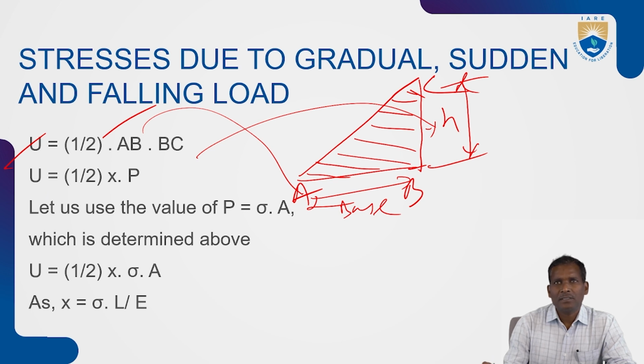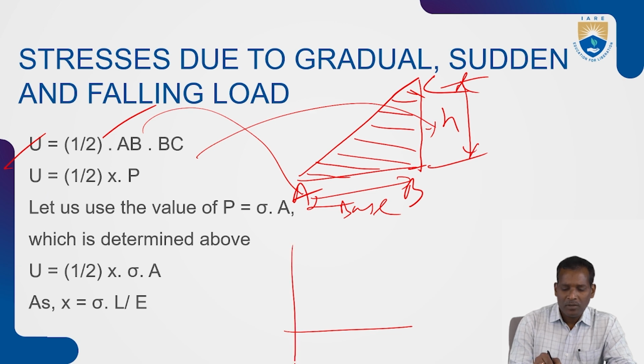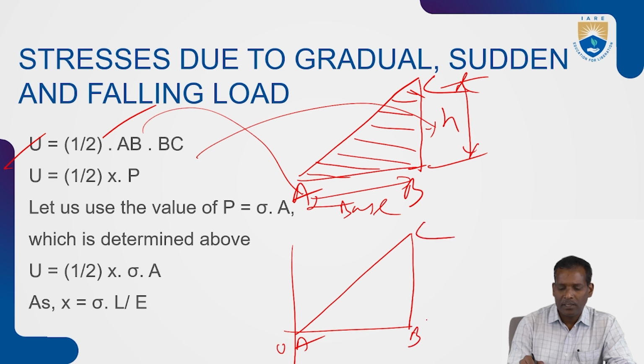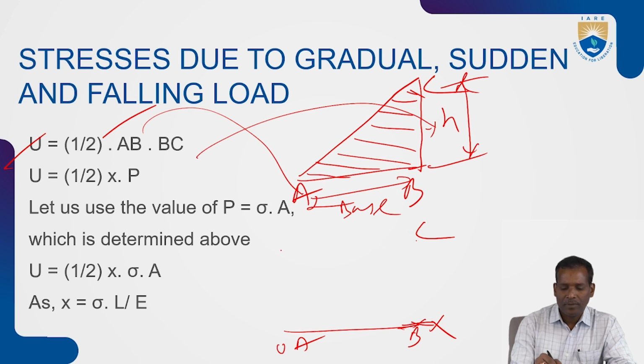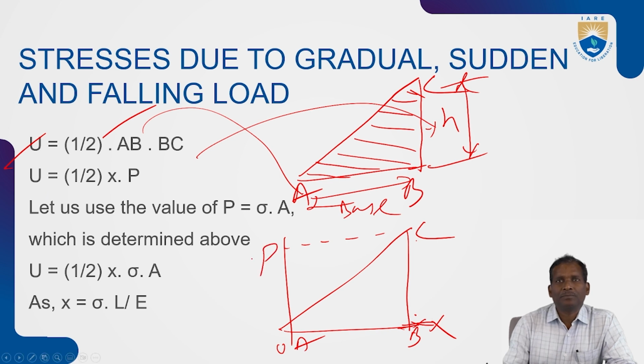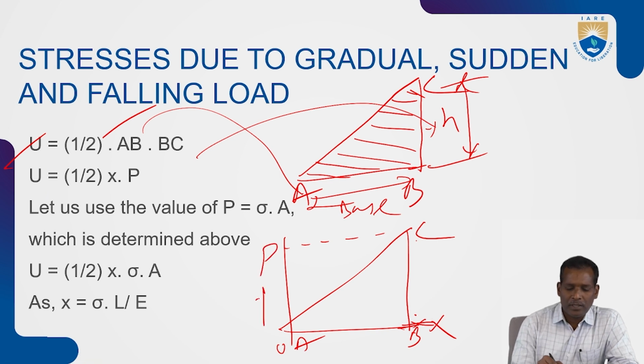But in this diagram, we have applied load. Once again, A, B, C, from here up to X, and here the point is P. So 0 to P is the load.